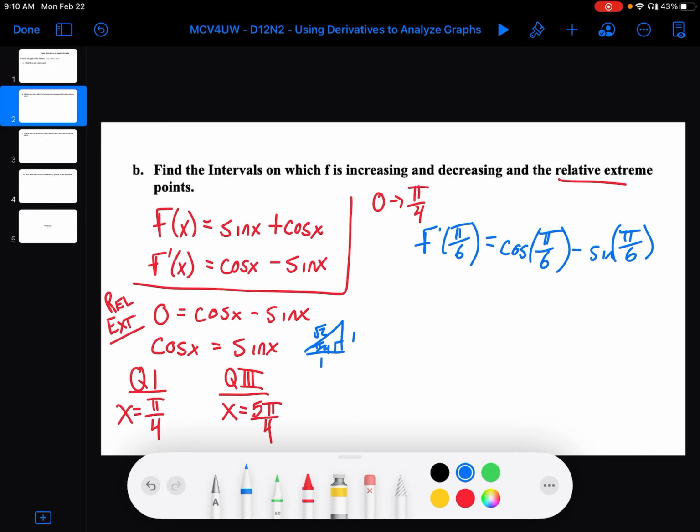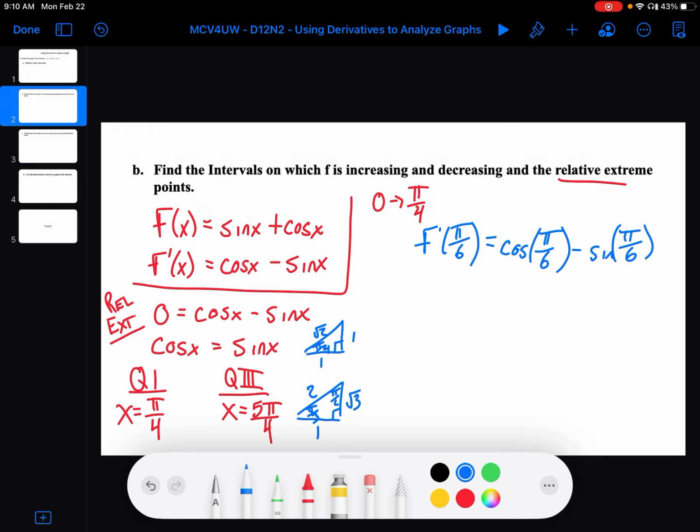Then we've got this one just a little bigger: 1, 2, root 3. Pi by 6, pi by 3.